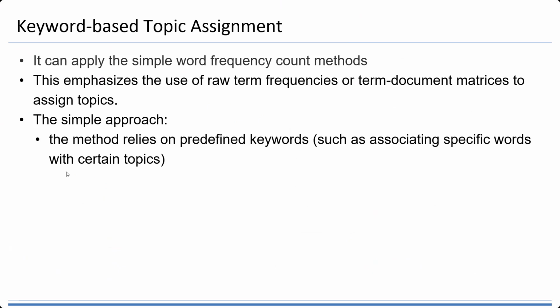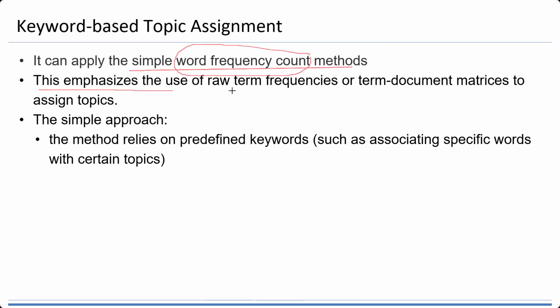The idea for this topic modeling is based on the keywords. Let me give you the key concept of topic modeling. First, we can apply a simple word frequency count method. Simple word frequency means we just calculate the frequency, how many times a word appears in the document.